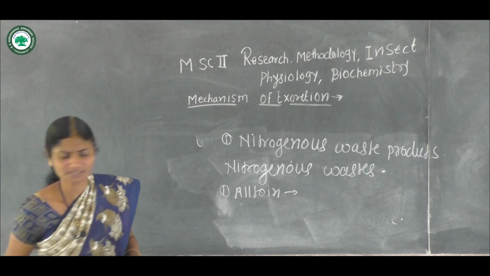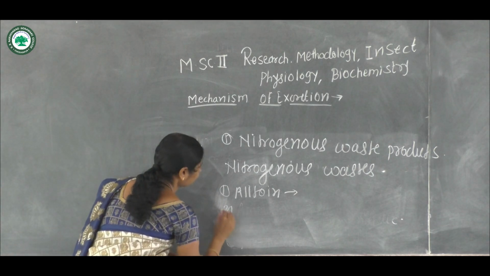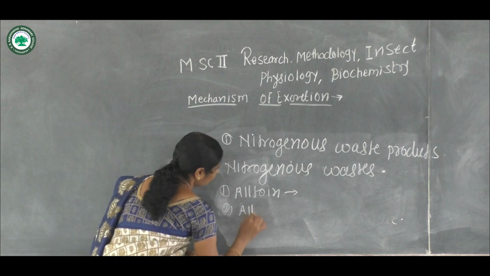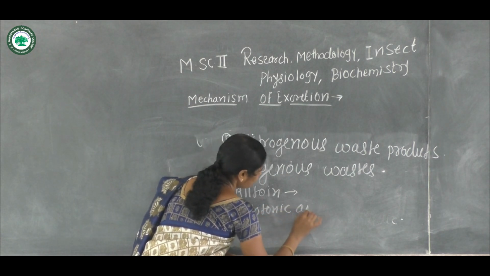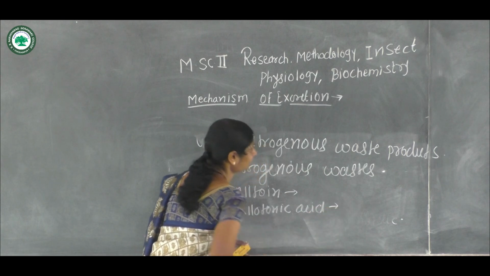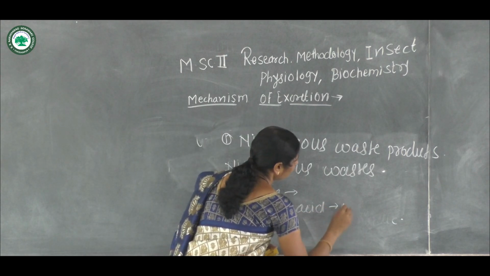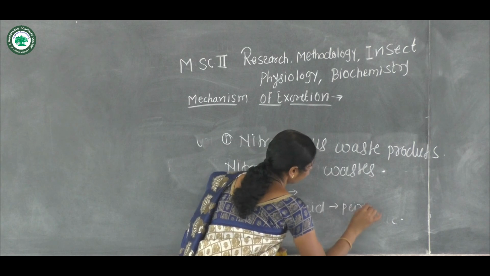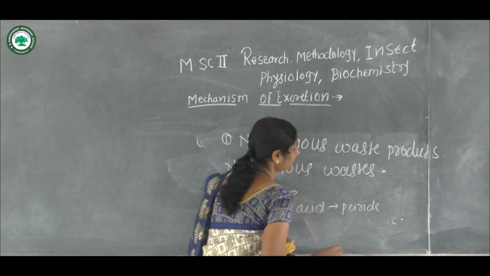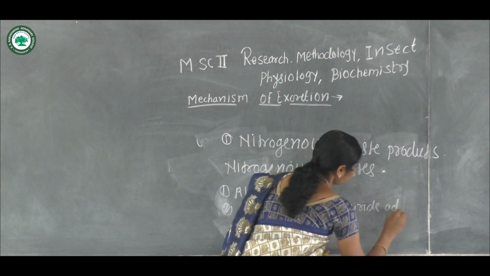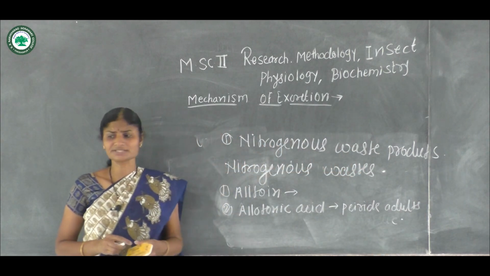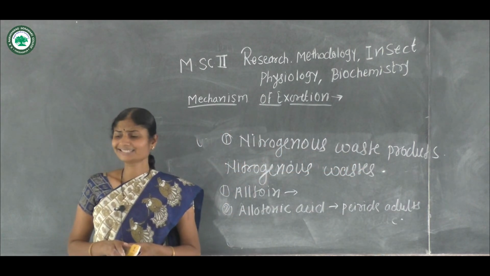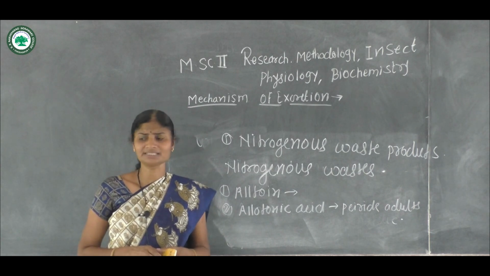Second, allantoic acid is present in some adults, and xanthine and hypoxanthine.